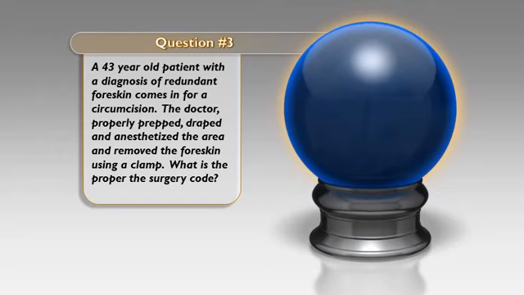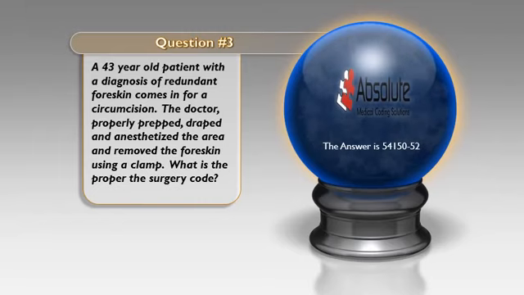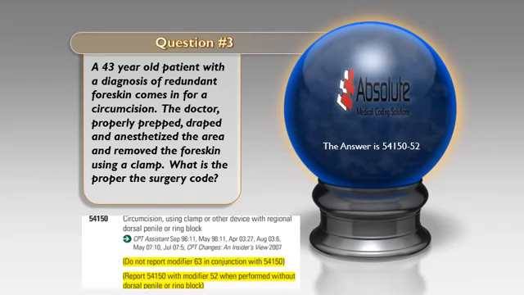If you said 54150 with a 52 modifier, then you are correct. 54150, circumcision using clamp or other device with regional dorsal penile or ring block.